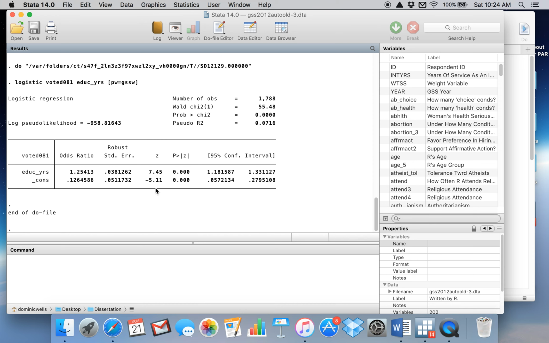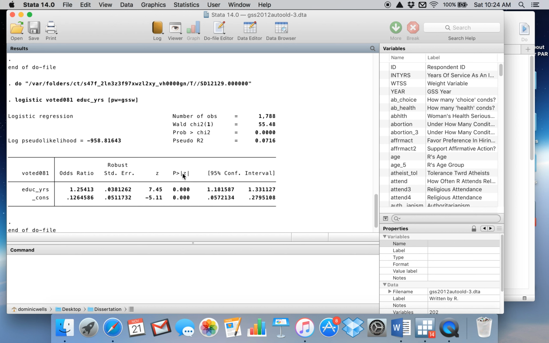So again, we can see here we have a statistically significant p-value, a pretty large z-score, which is like a t-score, and we have an odds ratio of 1.25. And because it's above 1, it means we have a positive relationship between the years of education and the probability of voting in 2008.